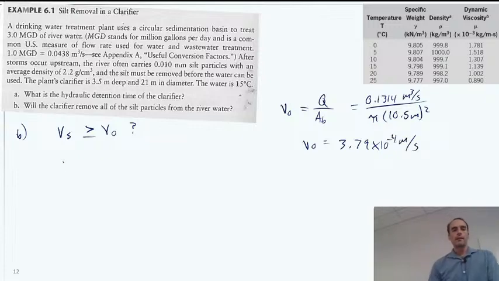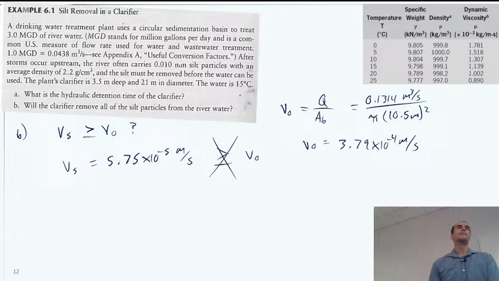Now our Vs was 5.75 times 10 to the minus fifth meters per second. And the answer would be no, it is not greater than or equal to V naught, right? It's, in fact, Vs is less than V naught.